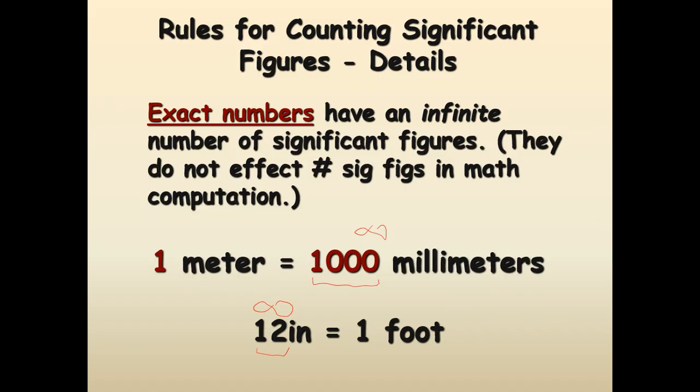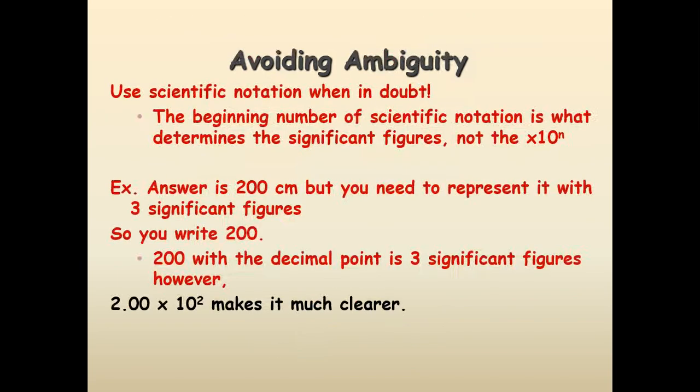Now, there is one situation where it can be a little ambiguous. Another way to say it, you're not really sure how many significant digits something has. So here's an example.